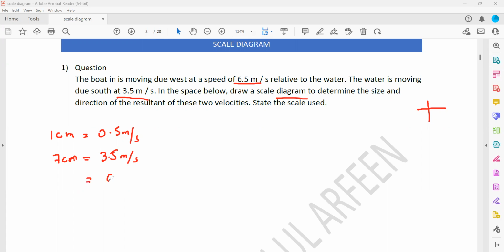Same thing if I have 6.5: 6.5 divided by 0.5 is 13.